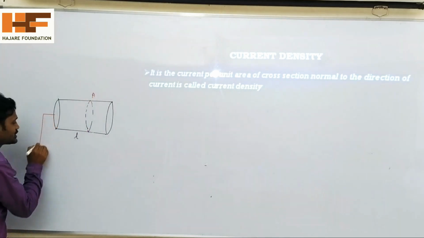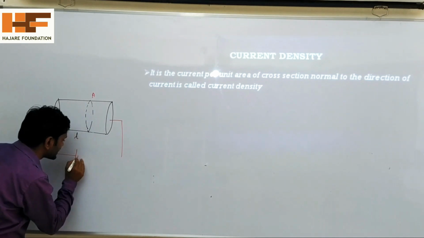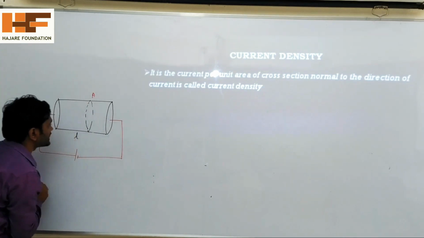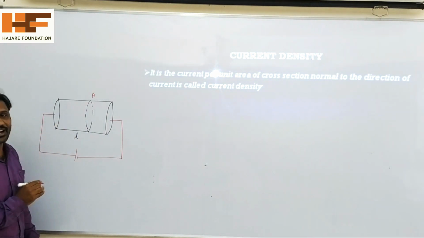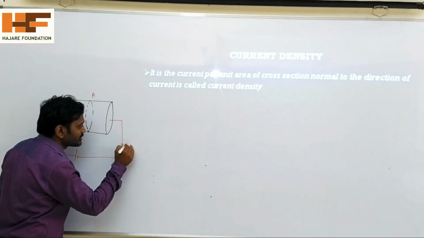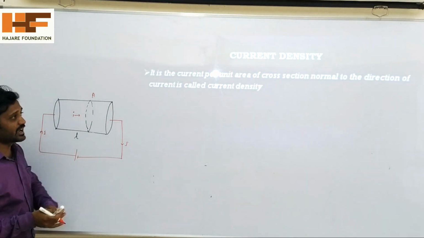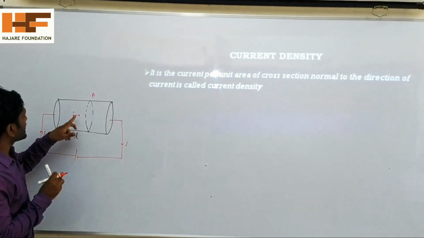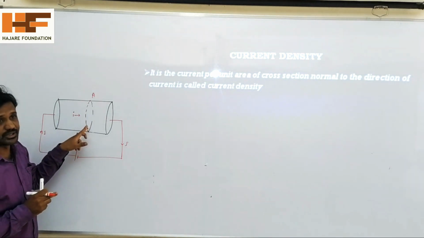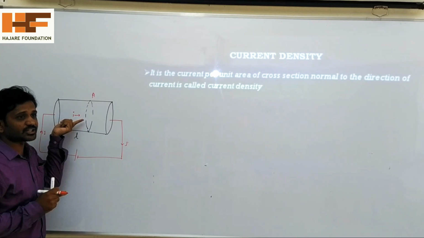If you apply a potential difference across its ends, or a battery is connected across the ends of this conductor, it constitutes an electric current in the direction from the positive to the negative terminal of the cell or battery, in this direction. Then current density is the current per unit area of a cross section normal to the direction of the current.